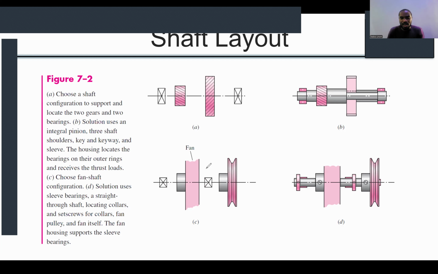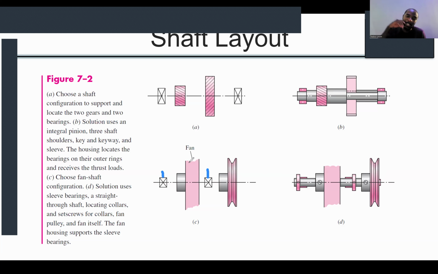Okay. Now the second instance is having a pulley that is run by a belt. You will note that this pulley is not in between my bearings. It's external to that arrangement. So look at my bearings. My one bearing is there, the second bearing is here. What is in between is the fan.